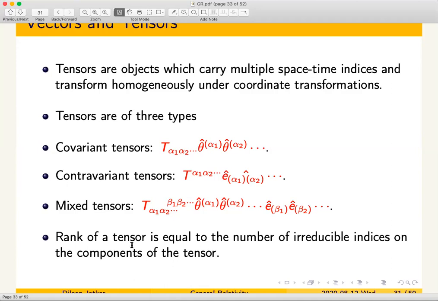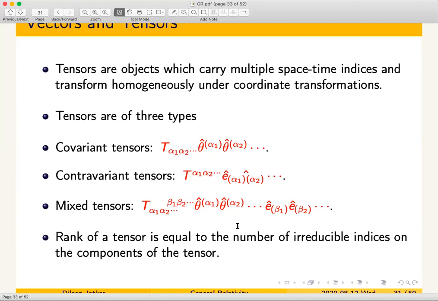When you define a mixed tensor, things can get a bit tricky. If alpha 1, alpha 2 go up to alpha n, and beta 1, beta 2 go up to beta k, then this would be a tensor of rank n plus k in some sense, provided the covariant indices and the contravariant indices do not get summed.